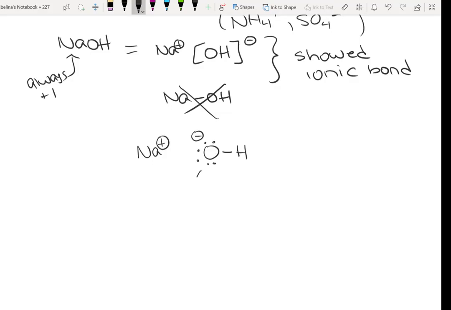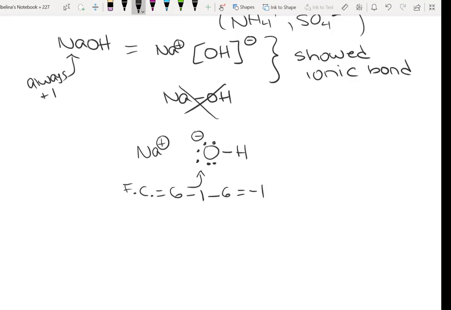Okay, so if we do the math there for formal charge, it equals the group, or the number of valence electrons of that element, minus the number of bonds of the atom in the molecule, which is just 1, minus the lone pair electrons, each electron: 1, 2, 3, 4, 5, 6.